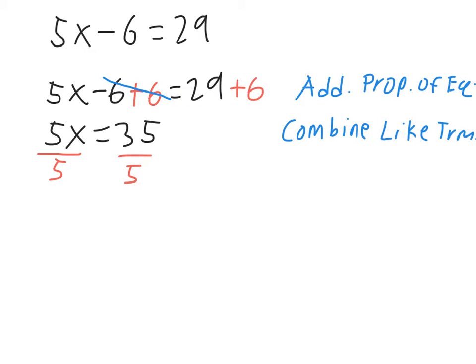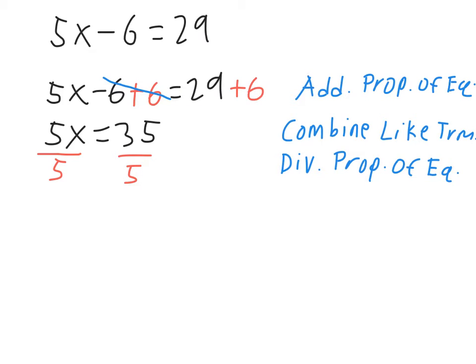And which property did we use for that? Correct. The division property of equality. And so we divided both sides by 5.